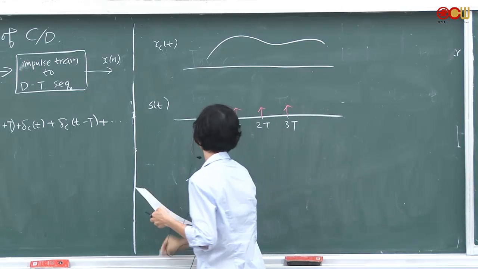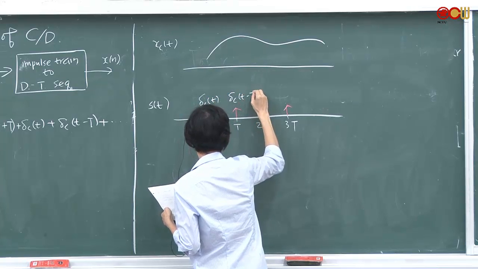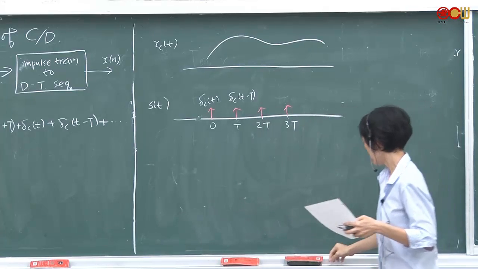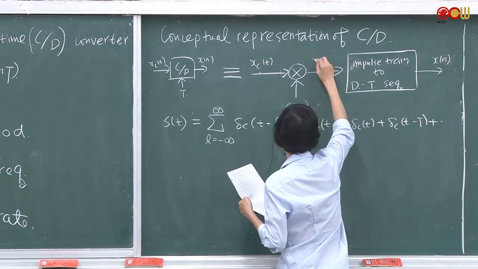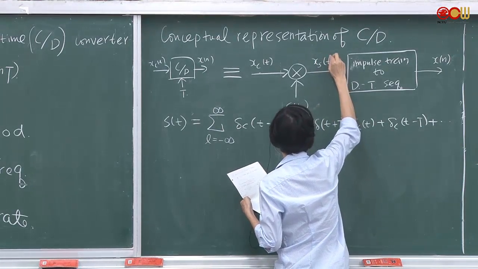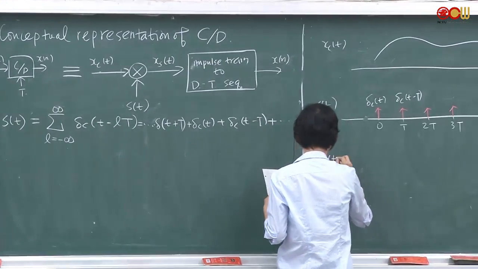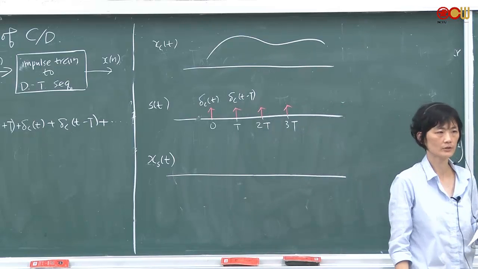So this one is delta ct minus T. And the output of this multiplication expression here, let's say it's xst.